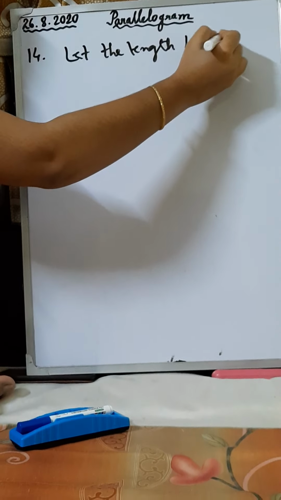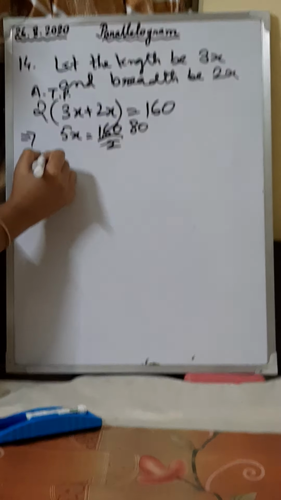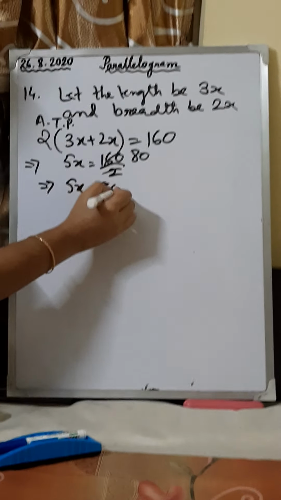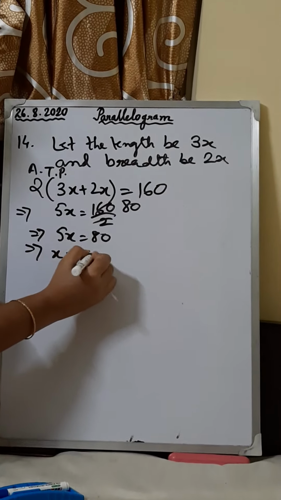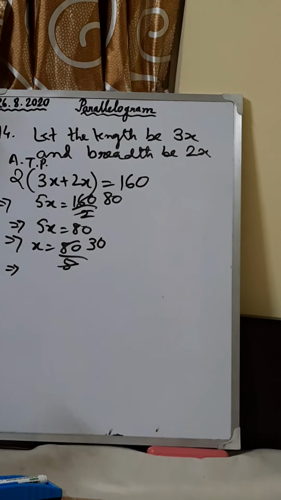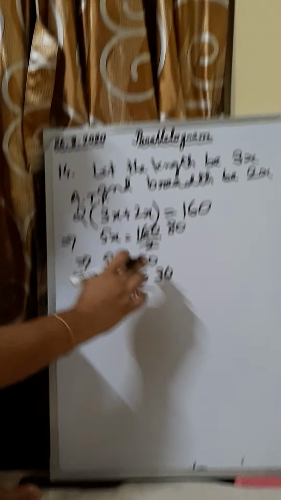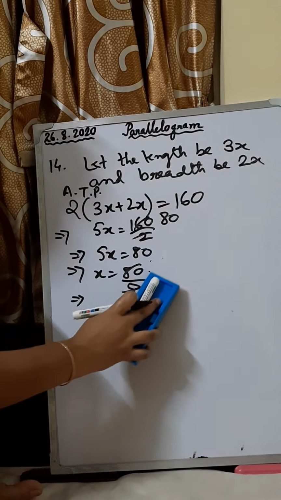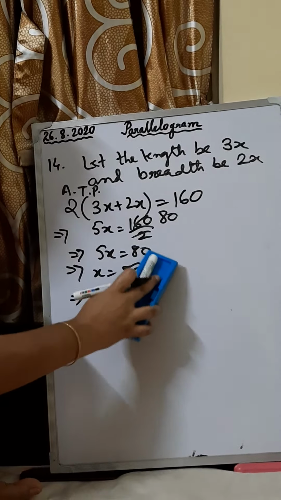Now find x. 5x equals 160 divided by 2, that means 80, or x equals 80 divided by 5, that means 16. X equals 16.